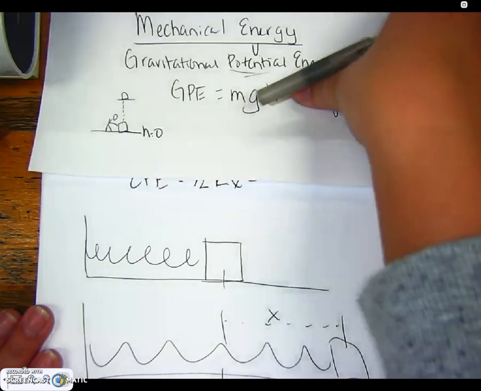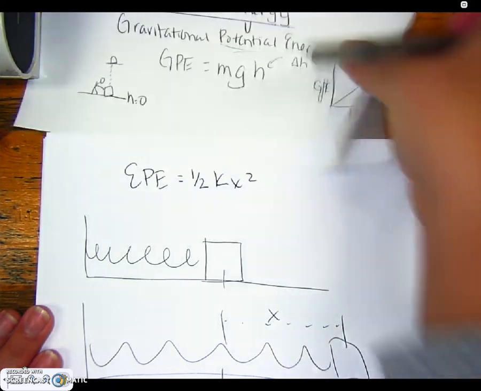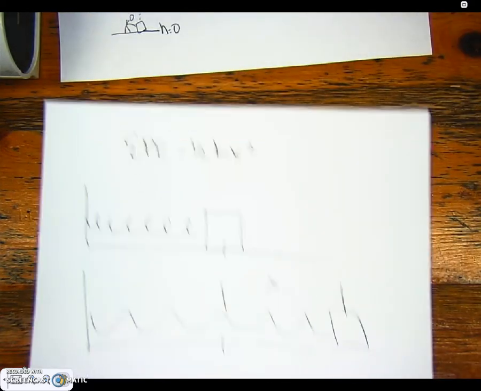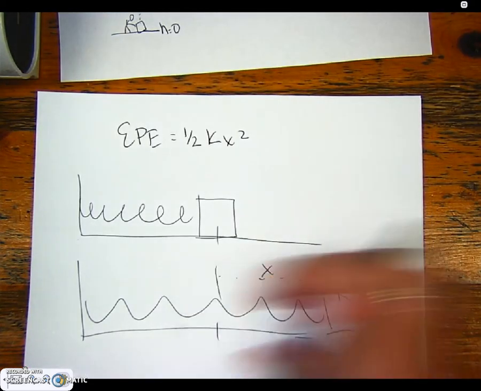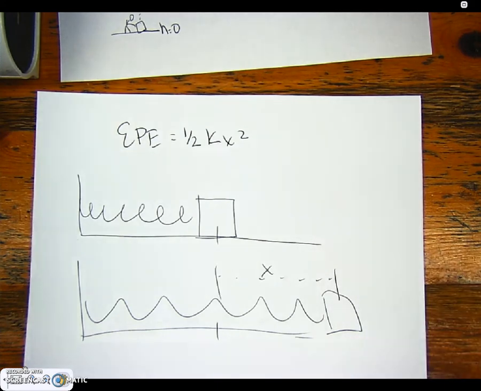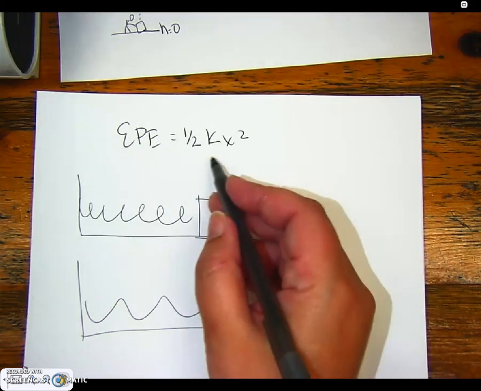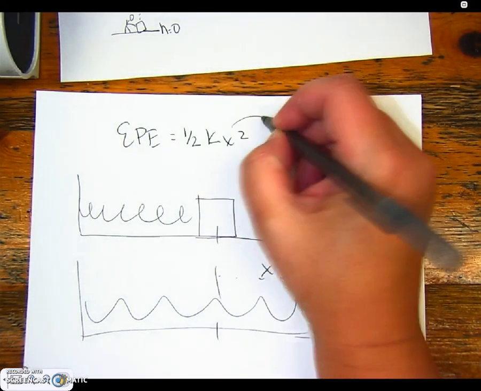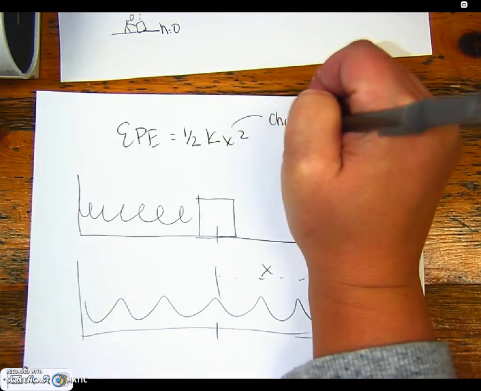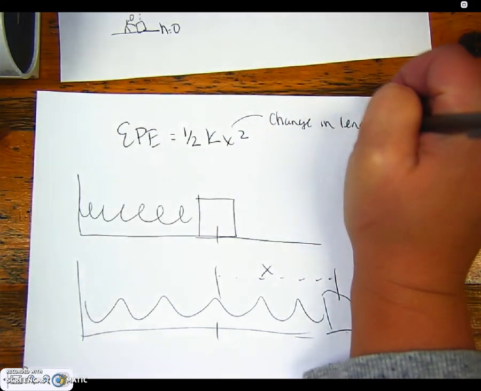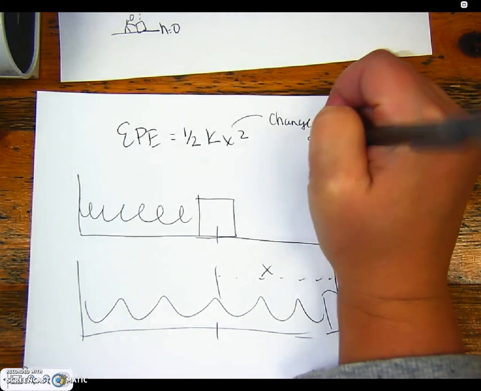Now I have stored elastic potential energy in this object because I've pulled it out. If I were to release it, it would shoot back in the other direction. So there's some stored potential here. My variable here is x. Really, this is the change in length of the spring from any position.